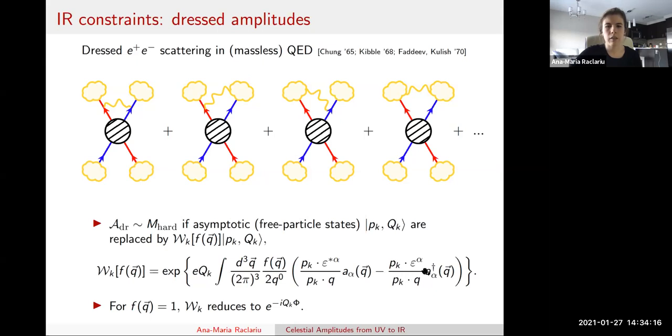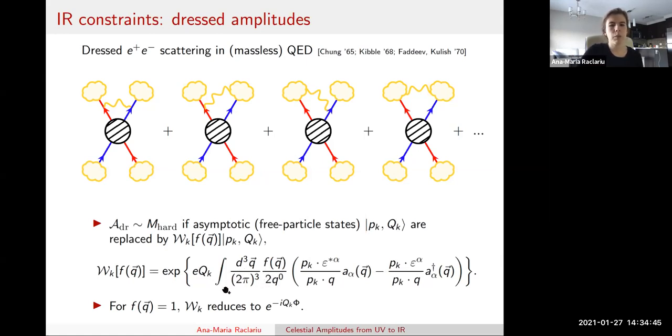These A's are creation and annihilation operators for the photons, and they are integrated against some function, which is the soft factor. This F is typically in these analyses a step function, sorry, a top hat function, around some small energy range, such that this exponential only includes soft particles and not all energy particles.